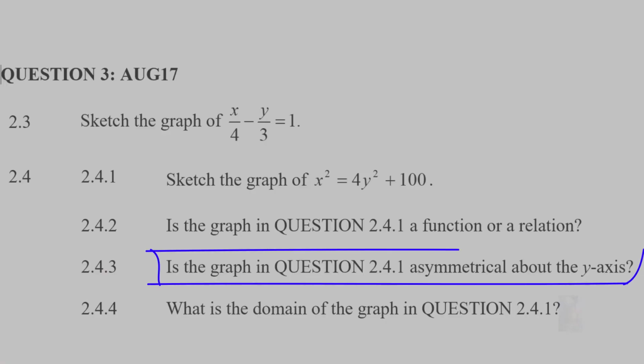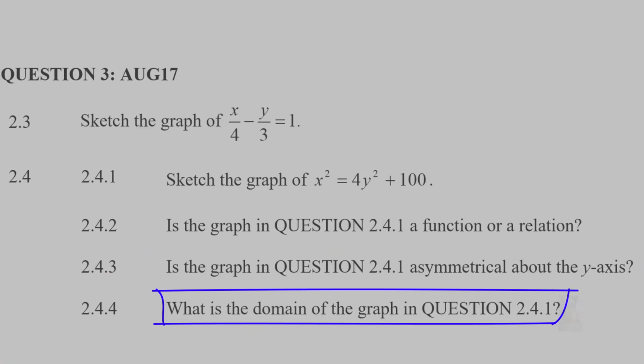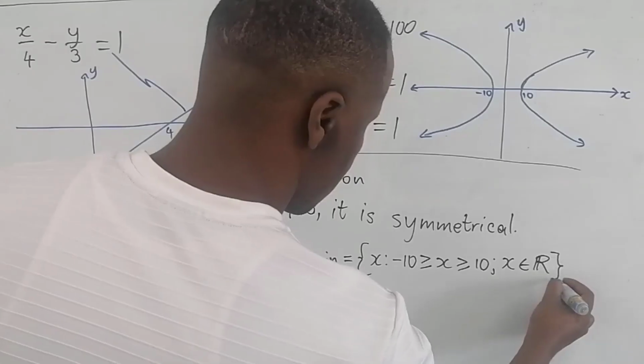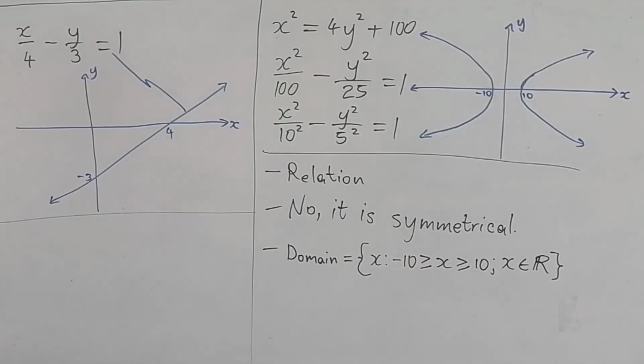They want the domain for this curve. Your x must be less than or equal to negative 10, and also it should be greater than or equal to 10. Then x also should be an element of real numbers. That will be the domain for this curve.